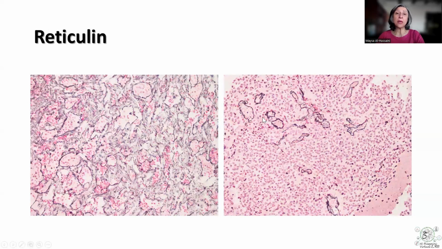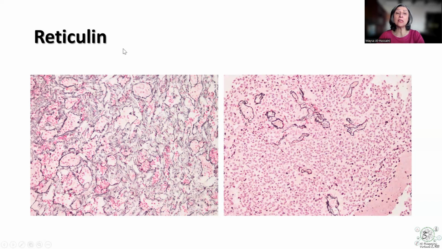And always remember to do reticulin stain, because sometimes if you don't have the privilege of having the immunohistochemistry, you need some way to confirm that this is a tumorous condition. Sometimes it's not easy. Remember that you always have the reticulin stain.